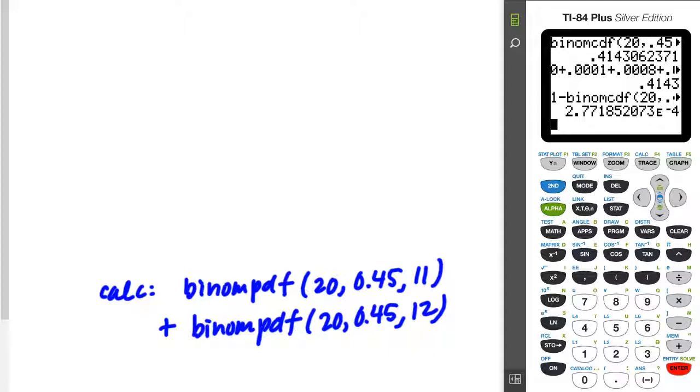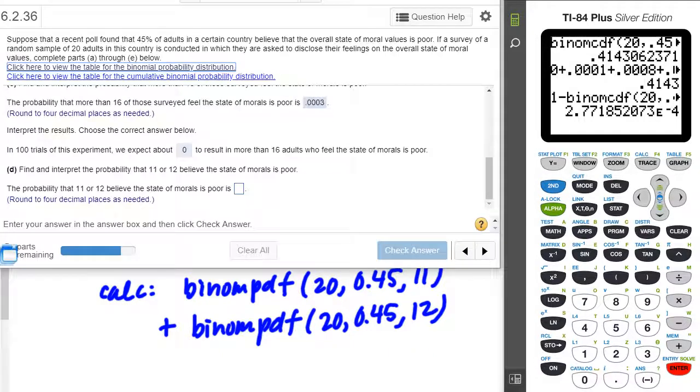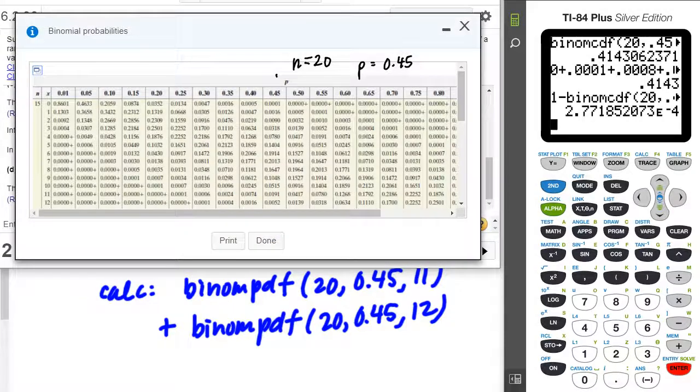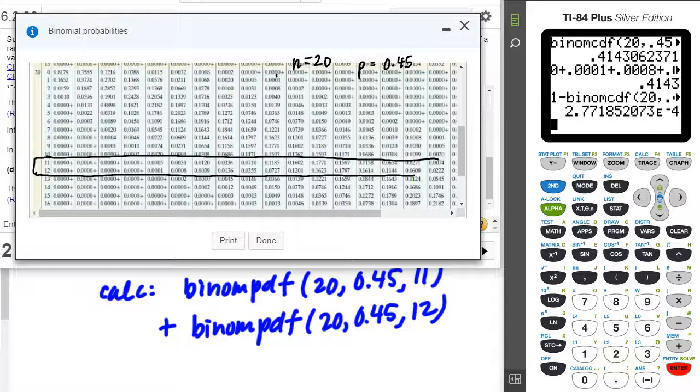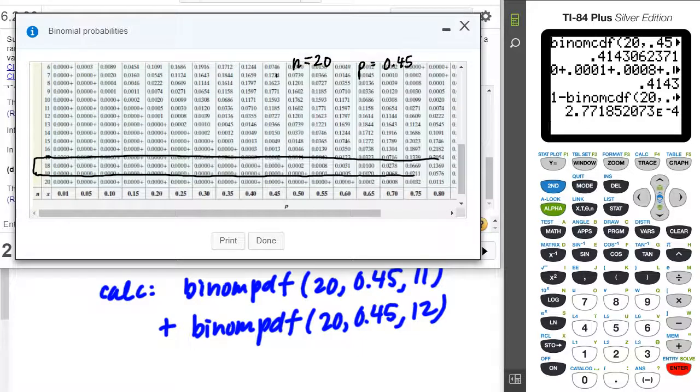Or back in the problem here, since we'd be happy with either of them, 11 or 12, when we read the table again one last time, here's 11 or 12 in the sample size of 20. We just have to find out where our 0.45 was here and go back.